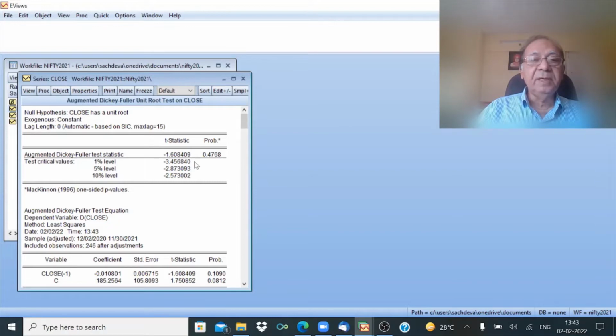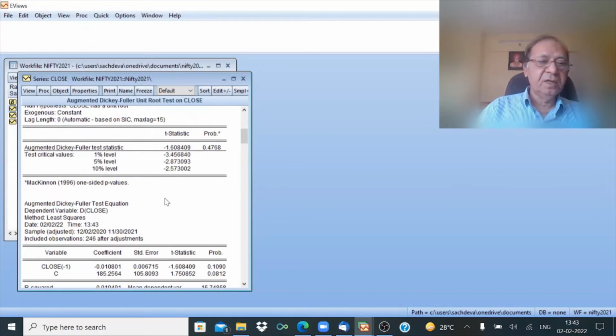Because the probability value is 0.4768, which is more than 0.05, we cannot reject the null hypothesis. It means close at level has a unit root.